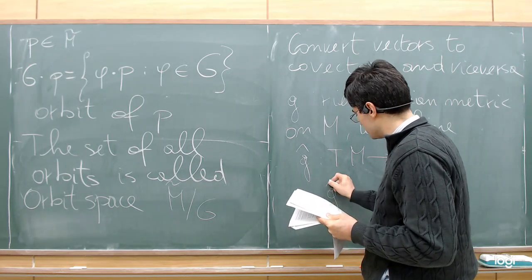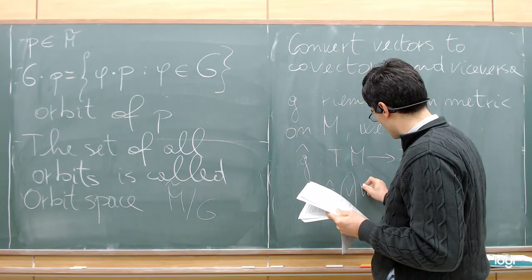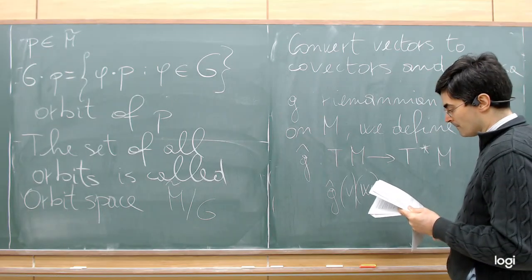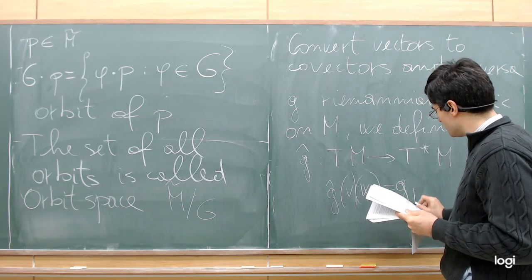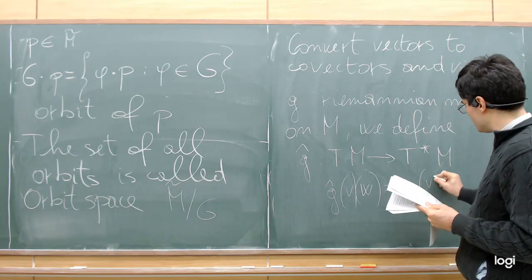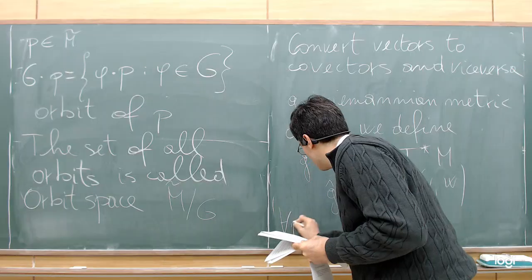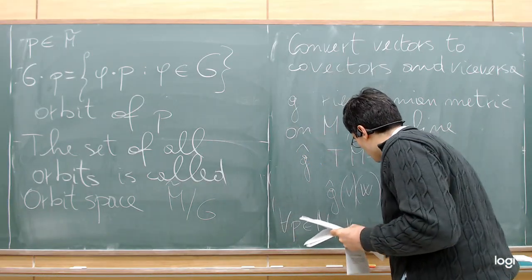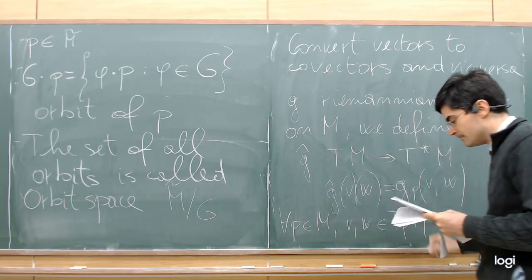G hat of V, W is G_p(V, W) for any p in M and V, W in T_pM.